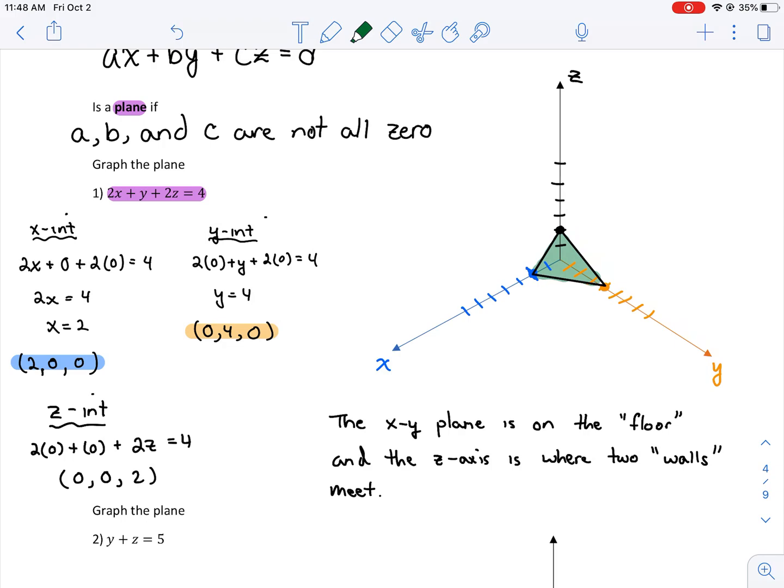Now the plane does extend further through this wall and through this wall here and through this wall over here. It does extend into each of those different areas, but we're only worried about graphing this plane in the positive section of the 3D grid.